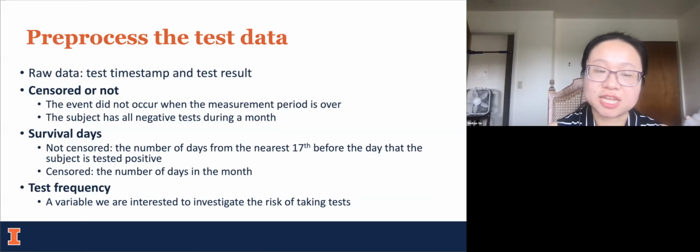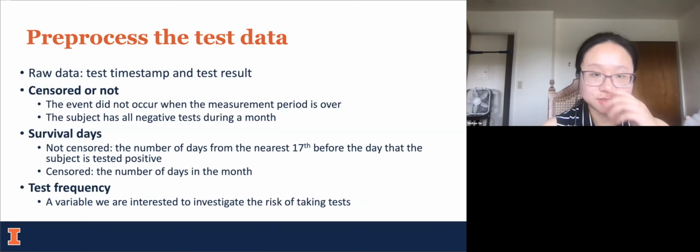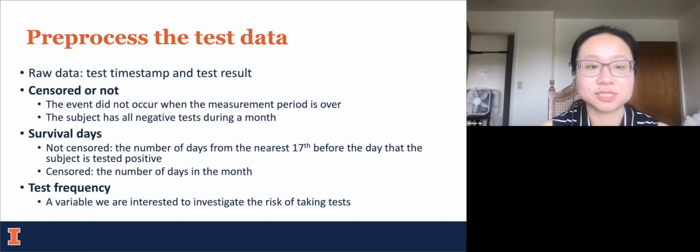That means the days a subject stayed negative before the first positive test result came out. And in addition to these two dependent variables for the survival analysis, we also have the test frequency, which is a variable we are interested in investigating for the risk of taking tests. Because if you're going to take tests, you have to go to the booth and interact with people and you have to take off the mask to collect the samples.